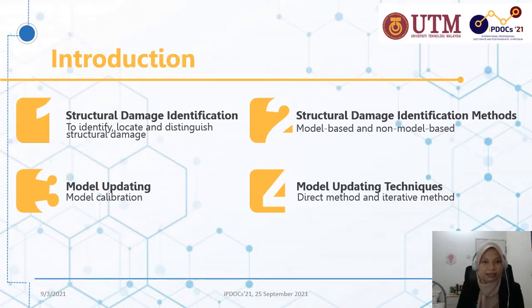Model updating technique can be loosely described as model calibration, where this technique is basically about updating a finite element model of a structure to reduce the errors between numerical and experimental results. There are two categories of model updating technique, the direct and iterative method.